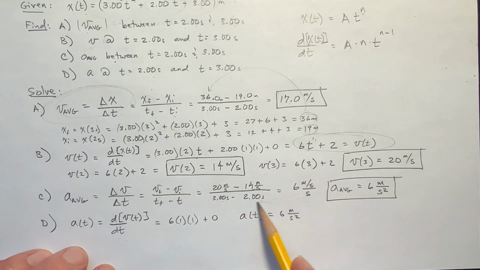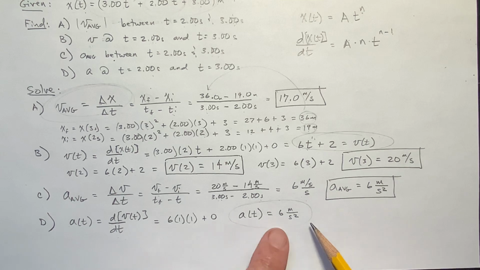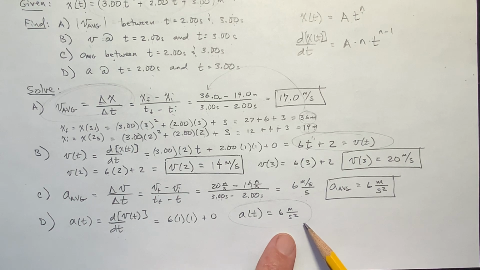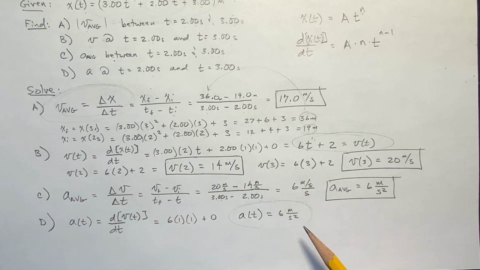Now look at this. Notice that this is not a function of time. Well, there's no time in it. In other words, the acceleration in this problem is a constant all the time for the whole time interval. And so this is a constant acceleration problem, which you're going to study a lot very, very soon.